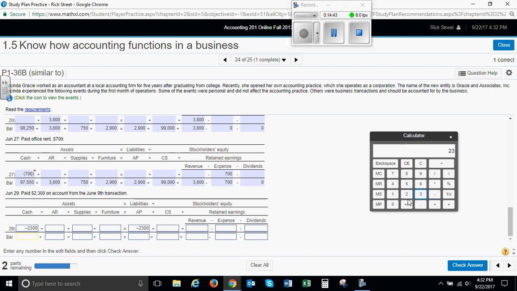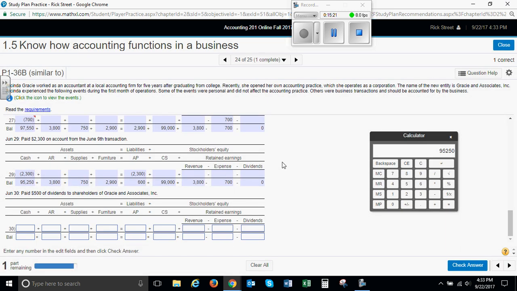Minus 2,300 is 95,250, and AR is 3,800. Supplies is $750. Furniture is $2,900. And we now owe a bit less on our accounts payable, $600. And common stock is still $99,000. Revenue is $3,800. Expenses $700 and $0.